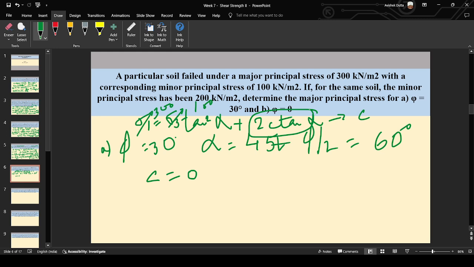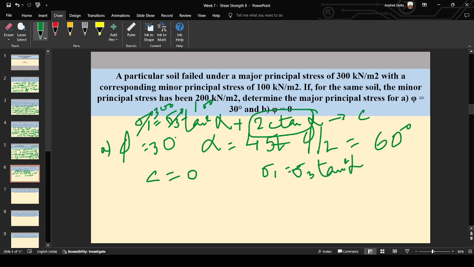So C equals 0. Since it was not given, we had to calculate and find that the value of C is 0. So now the equation becomes, with C as 0, sigma 1 equals sigma 3 tan square alpha.